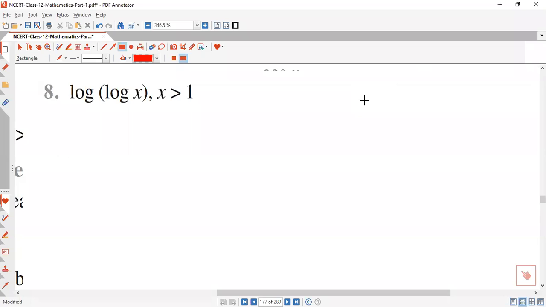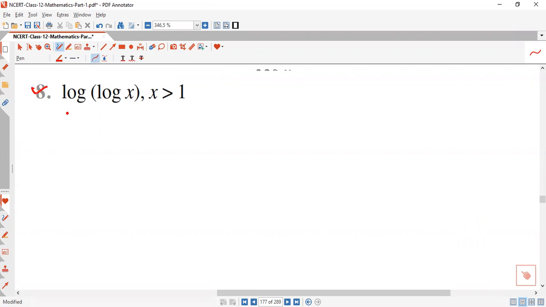So now question number 8. What does this question number 8 say to you? Differentiation of this function log of log x, where x is greater than 1. So dy dx of log x, you know very well, dy dx of log of x will be equal to 1 upon x.